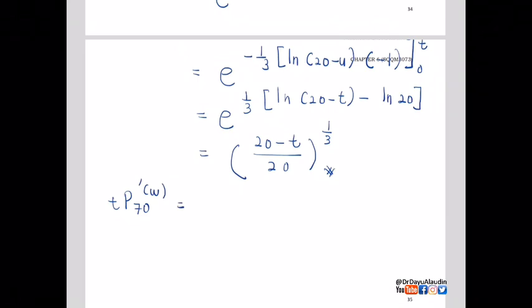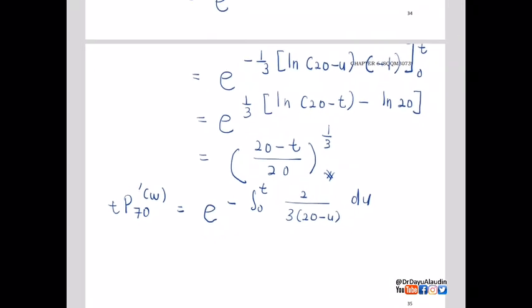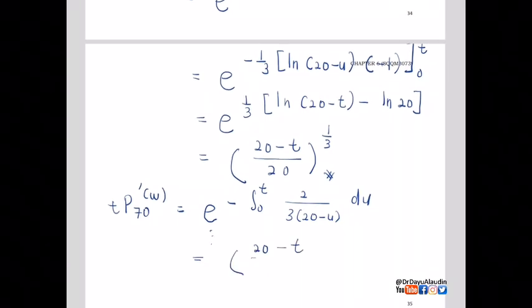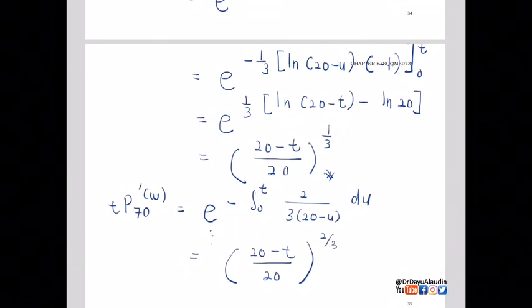Then we find tP70 prime for withdrawal. So we substitute the force of mortality for withdrawal, and then we solve for this one, and we get 20 minus t over 20, to the power of 2/3.